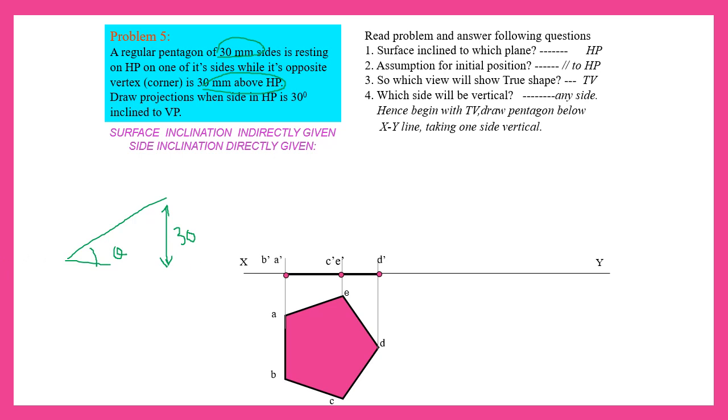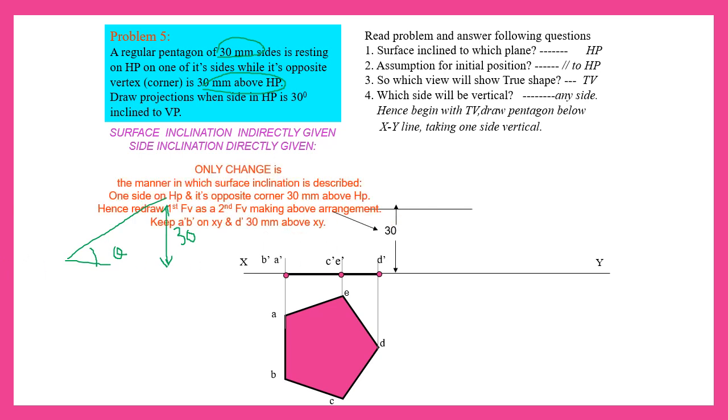Now we are going to tilt this line. One point will be on the XY and another point will be 30 mm above. So instead of inclination they just gave the length.